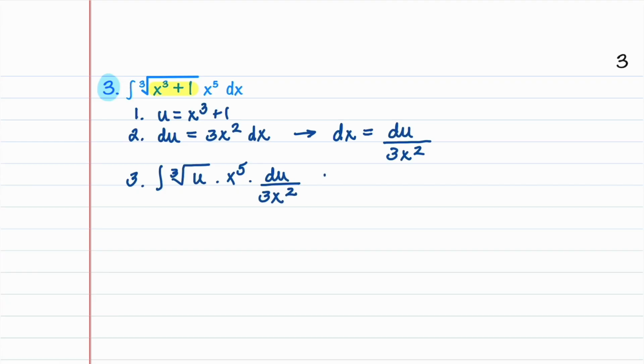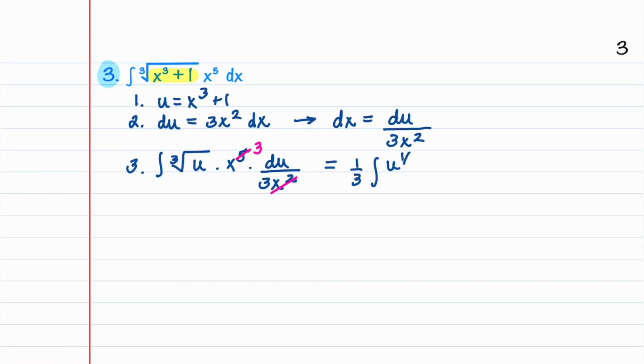Now we're going to simplify this. We can bring a 1/3 out in front, and notice that our x squared is going to cancel with our x to the fifth, and we'll end up with an x cubed. We have the integral of the cube root of u, and we're going to write this as u to the 1/3, and then we have an x cubed and a du.